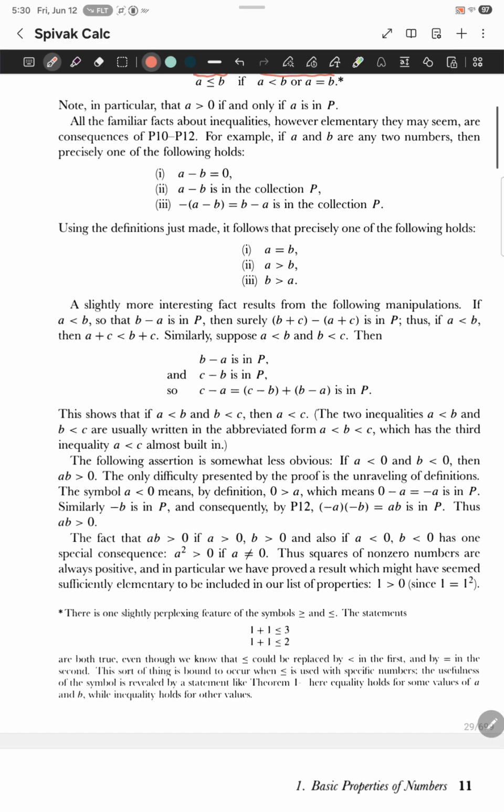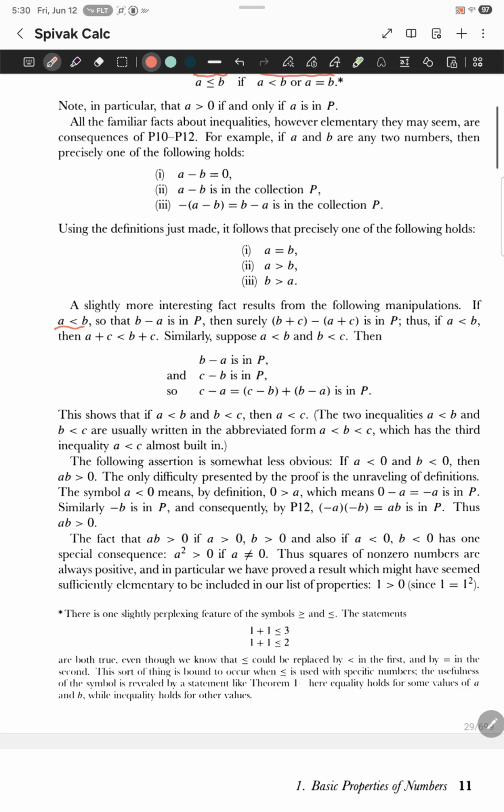If A is less than B, so that B minus A is in P, then surely B plus C minus A plus C is in P. Thus, if A is less than B, then A plus C is less than B plus C.